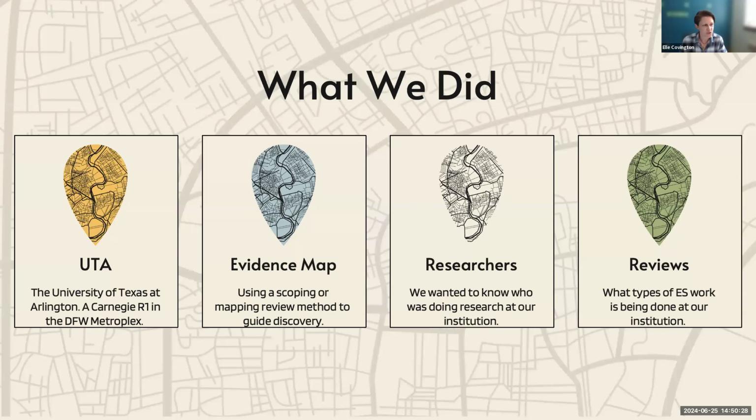We wanted to add the visuals on the evidence synthesis output of our institution, because we were trying to gain support at our libraries for starting a service. We still don't have a formalized service at UTA, but we wanted to conduct this so that we could have really data-informed decision-making for developing that service.